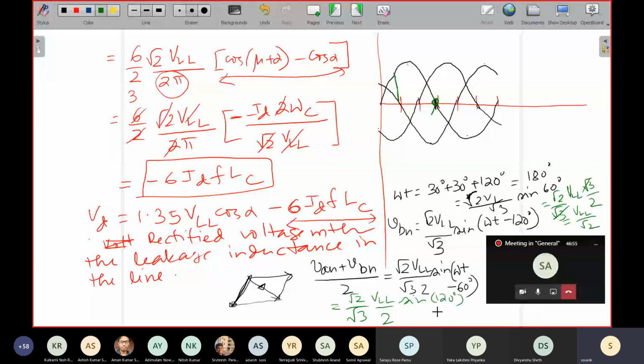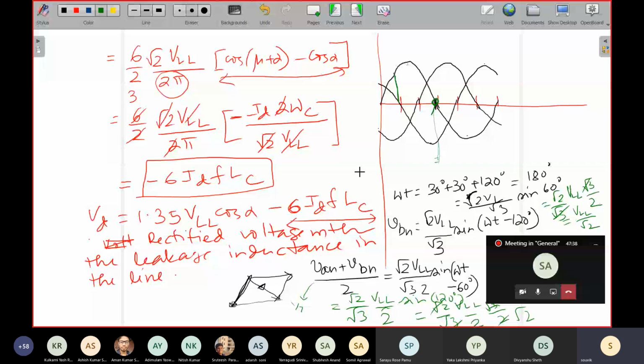So 120 degree has the same value as this, exactly the same value, root 2 by root 3 VLL by 2 into root 3 by 2, but half. So you are getting half the value here. So the rectified voltage would look like, let me say in this instant, whatever the rectified voltage would have been is VD.